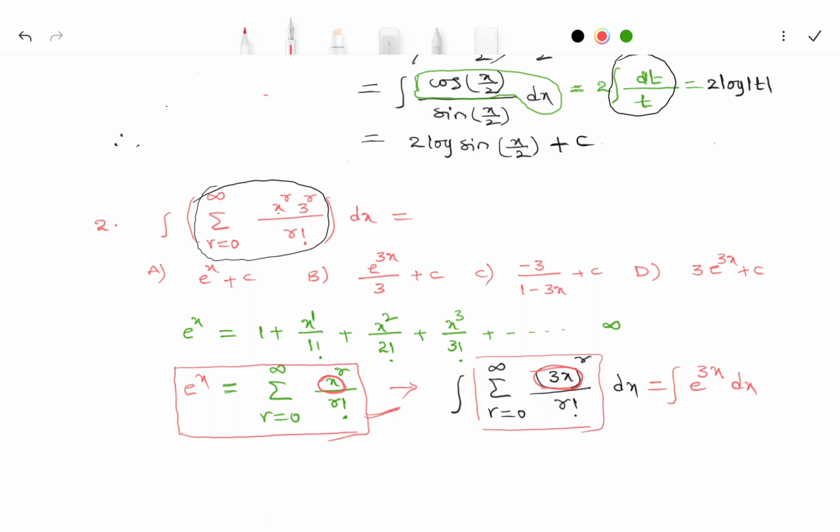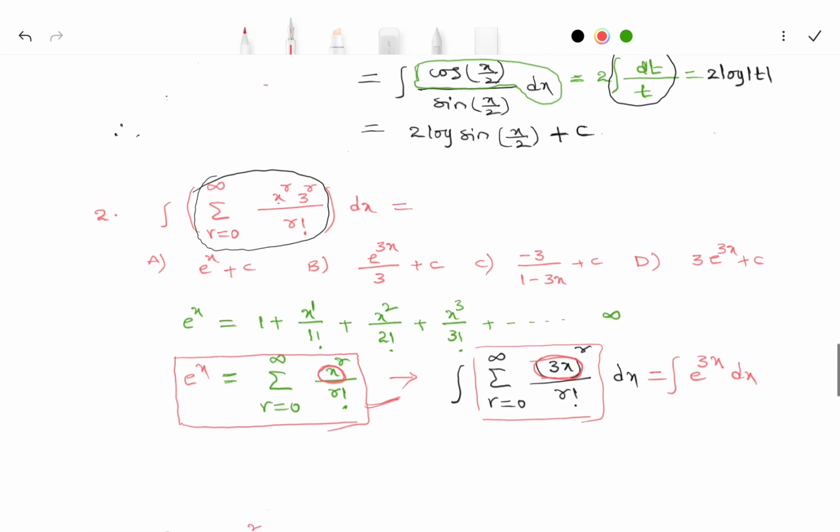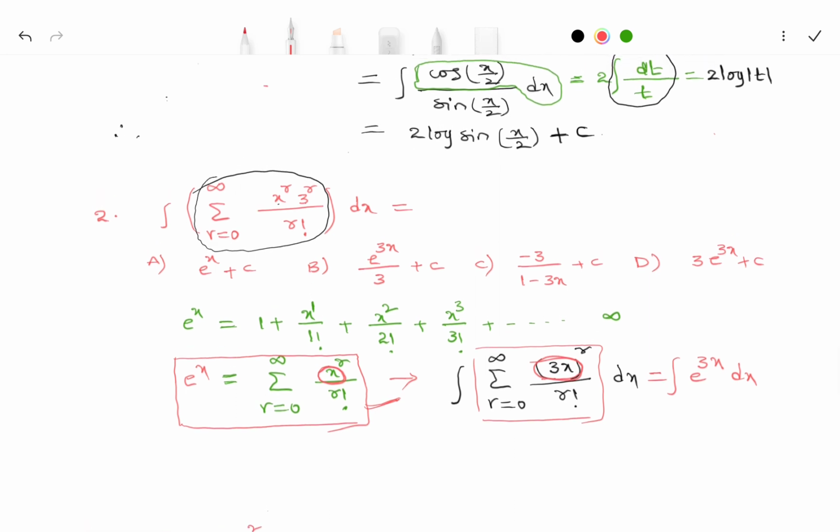Now how can we solve this question? You write it: put t equals 3x. Now differentiate: dt equals 3 into dx, because you are differentiating with respect to x.